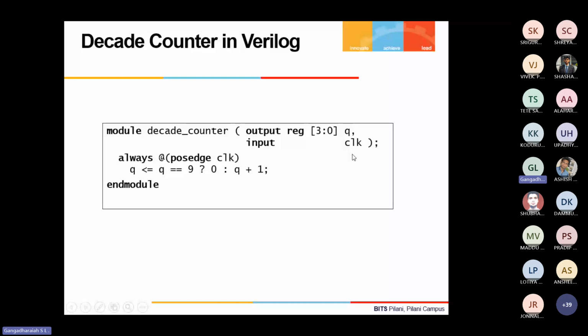I just wanted to go through it. It's not a very good code in terms of synthesizable coding guidelines. If you add reset, it becomes a beautiful code. Q is assigned with a condition: is Q equal to 9?